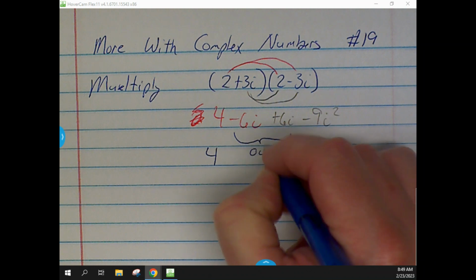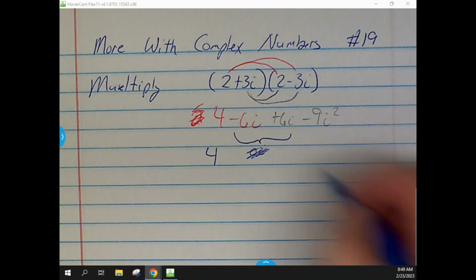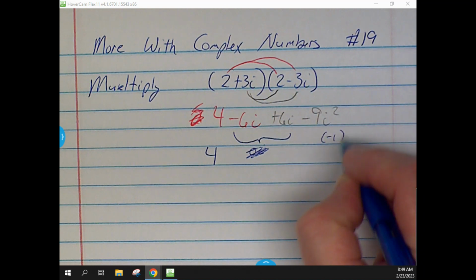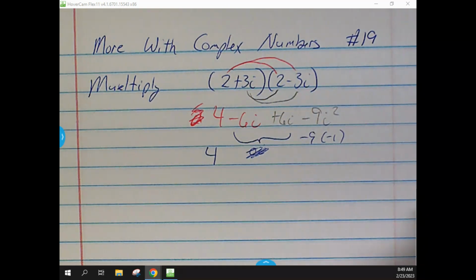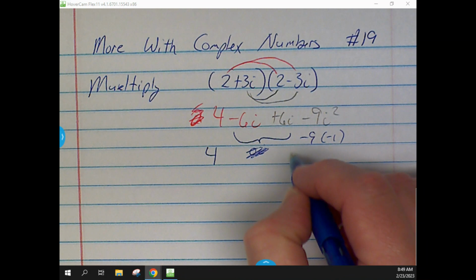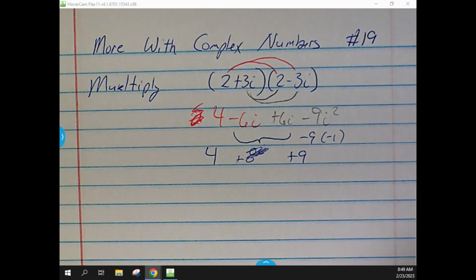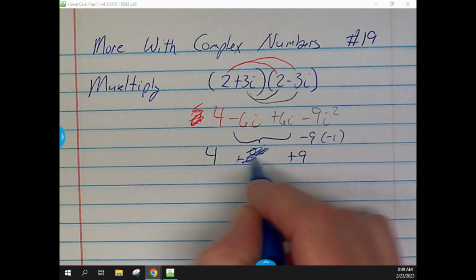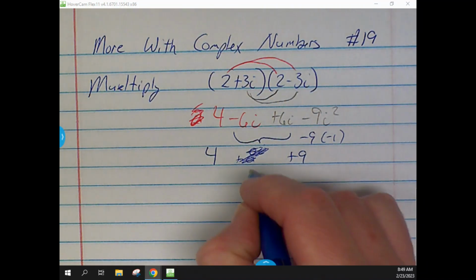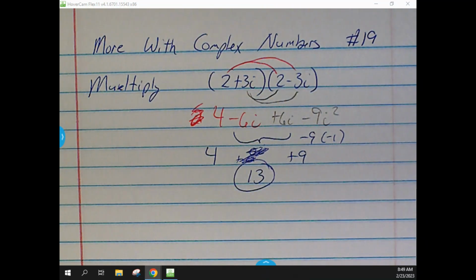So you get 0i, which is just 0, which basically means that part's out and gone. We're going to take the i squared and replace it with negative 1. So that's negative 9 times negative 1. That's a positive 9. So it's 4 plus 0, which doesn't do anything, plus 9. So in that case, the answer turns out to be 13.